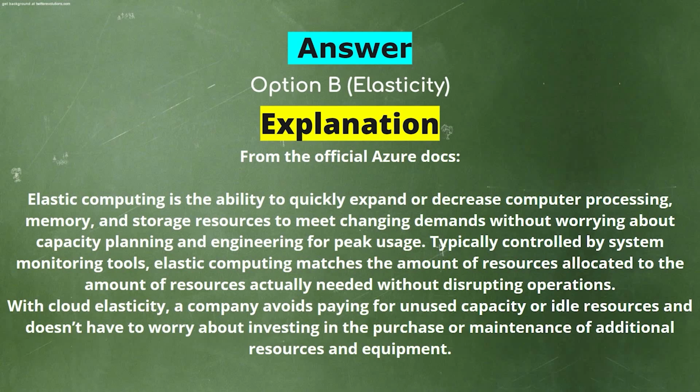Typically controlled by system monitoring tools, elastic computing matches the amount of resources allocated to the amount of resources actually needed without disrupting operations. With cloud elasticity, a company avoids paying for unused capacity or idle resources and doesn't have to worry about investing in the purchase or maintenance of additional resources and equipment.